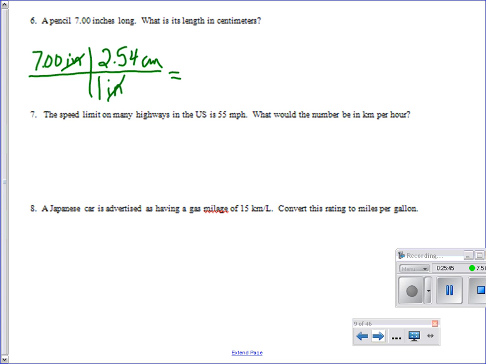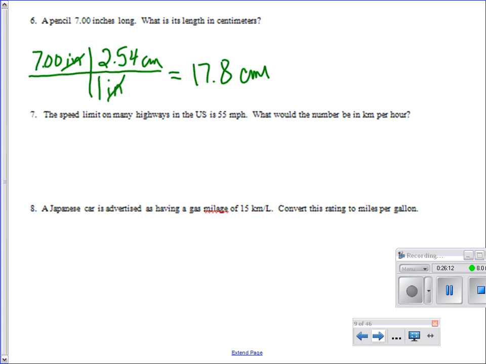Inches cancel, and what do you get? 17.787. We're going to stick with our given, not our conversion factor, so I want 3 sig figs, so it's 17.8. Do y'all get 8? I'm hearing some 9s. 8, okay. All good with that? Okay.